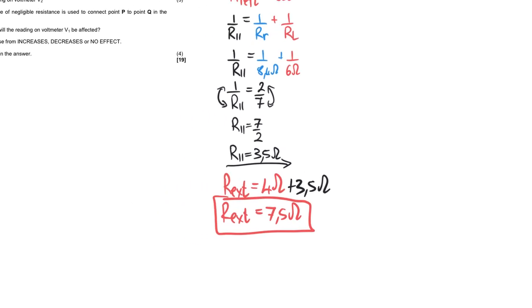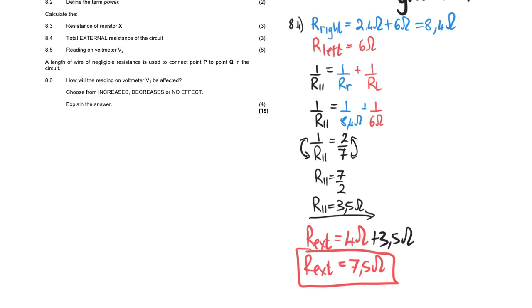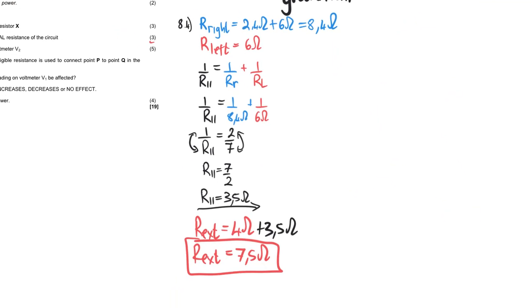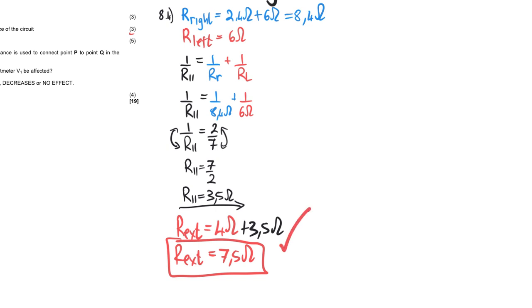Now, if we look at the mark allocation, that's 3 marks. So that would more than likely be 1 mark for adding the resistors together, 1 mark for this, but I always suggest that you put down the general formula first, just to play it safe, and then 1 mark for the parallel resistance.